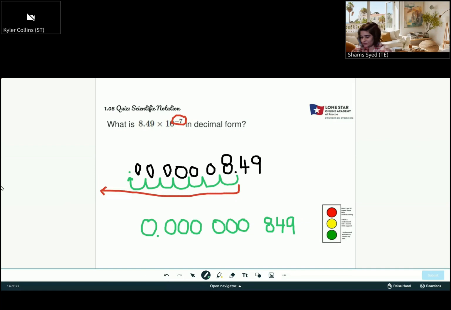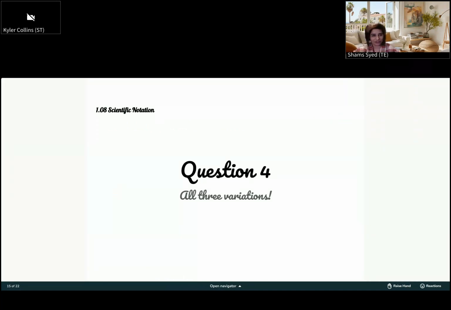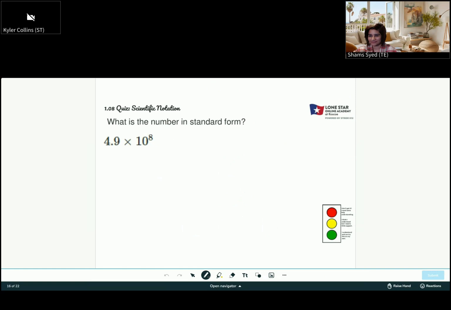Question 4 will also have 3 varieties, and I'm going to show you the first variety of question 4. Now you want the decimal form or you want a regular number. This time, power is positive. Let's see how we will handle a positive power. 4.9. We move to the right side because the number is going to be actually bigger.